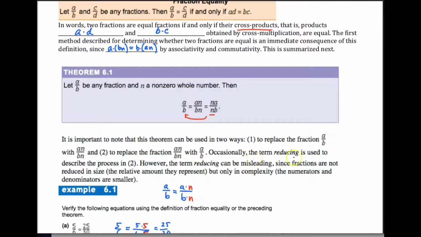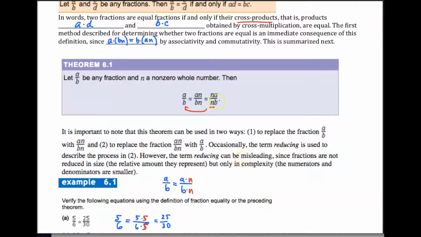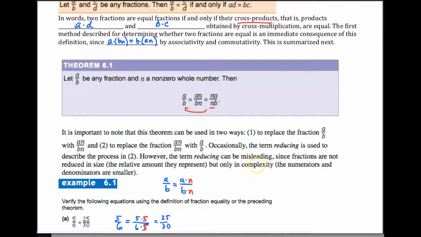And then occasionally the term reducing is used to describe the process in two, which is this idea that when you have a bigger fraction, you reduce it. It can be misleading since fractions are not reduced in size per se. We're just putting it in simplest form.